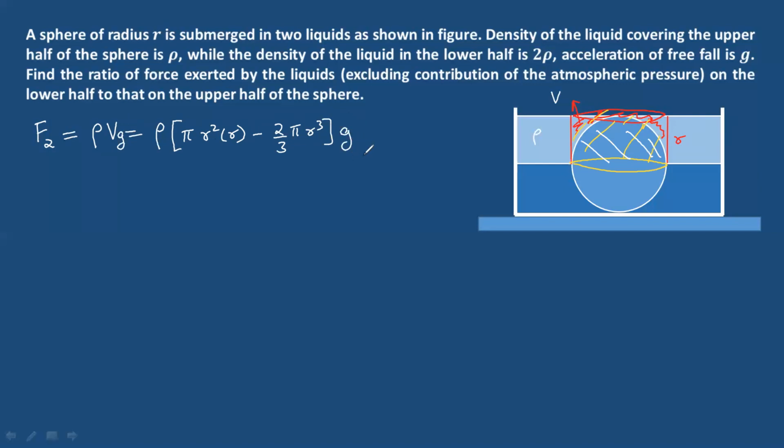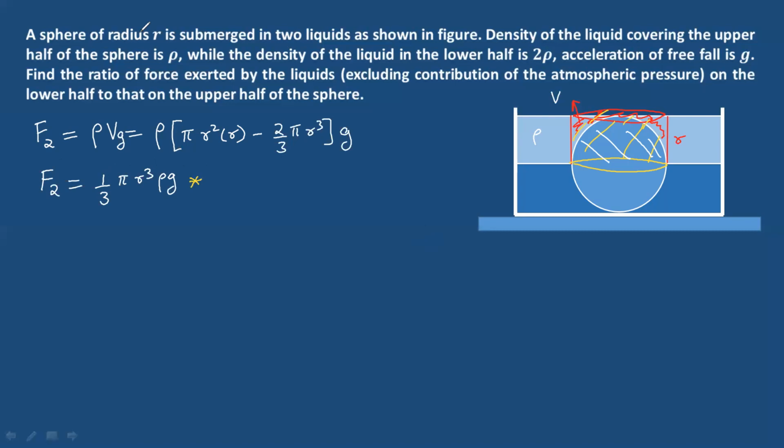So volume into g. All right, rho times volume into g. Otherwise it would have been just the mass of the liquid. Fine. So what do we have here? F2 would be equal to, if you do the calculations right, I think you'll get 1 over 3 pi r cubed rho g. All right, let's mark that. Right, we are going to use this.